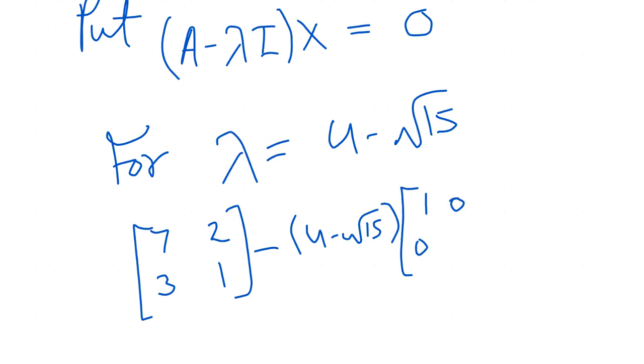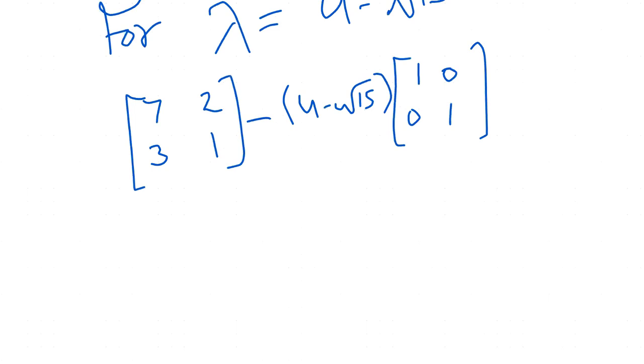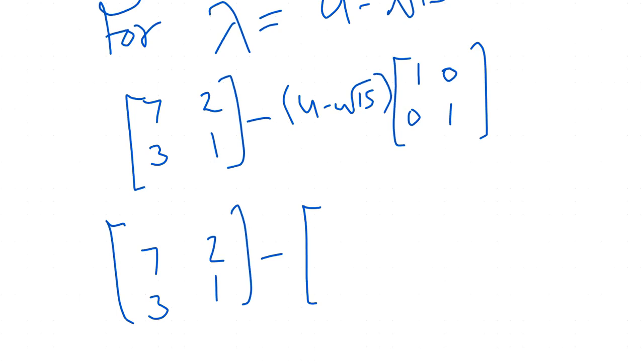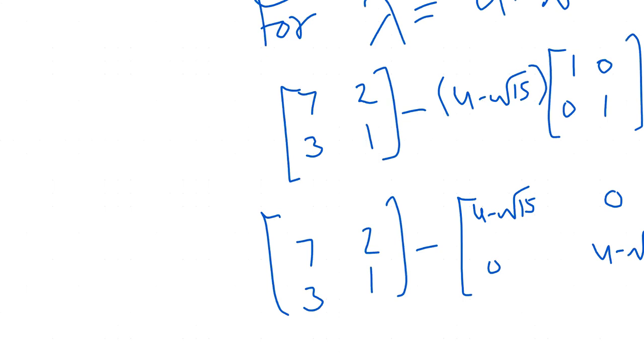Take this inside: 4 minus square root of 15, 0, 0, 4 minus square root of 15. Let us take here A minus lambda I.